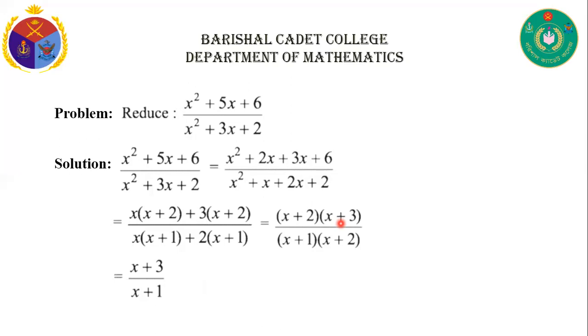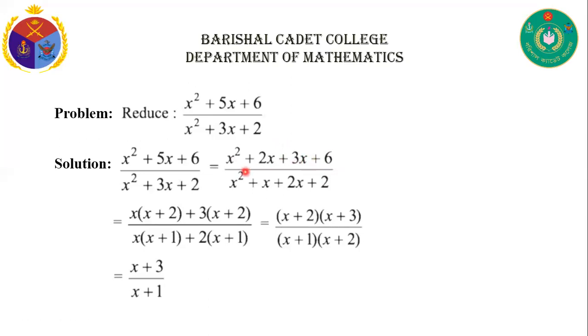So first we have to factorize them. We know that x squared plus 5x plus 6, we can write 5x as 2x plus 3x. The product of these two terms, 2x and 3x, is 6x squared, and that is our formula.